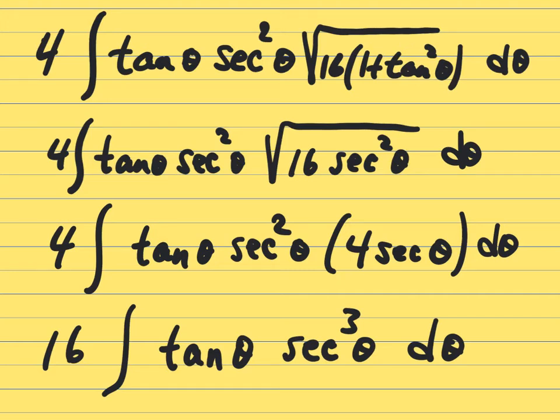Splitting secant cubed theta up into secant squared theta and a singular secant theta is going to give us 16 secant squared theta.